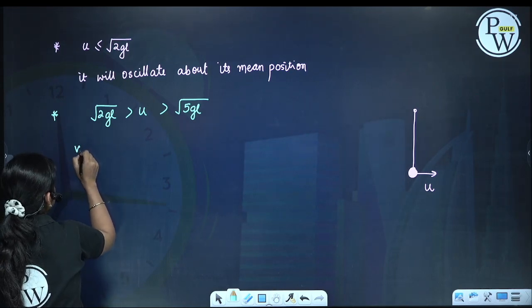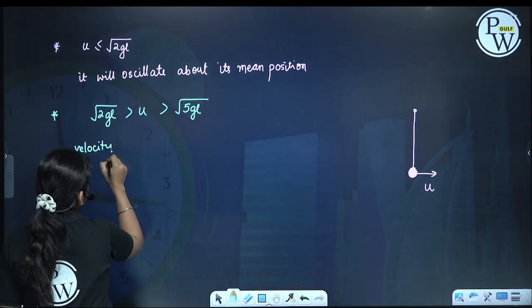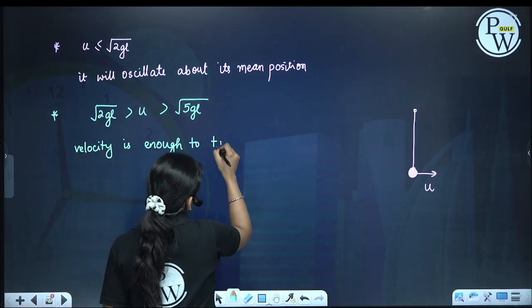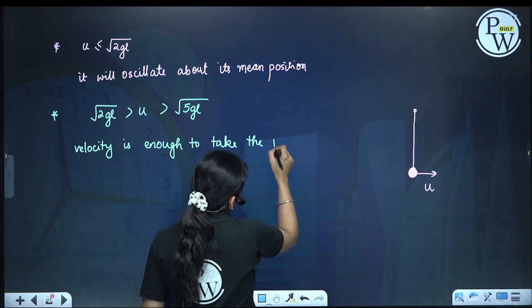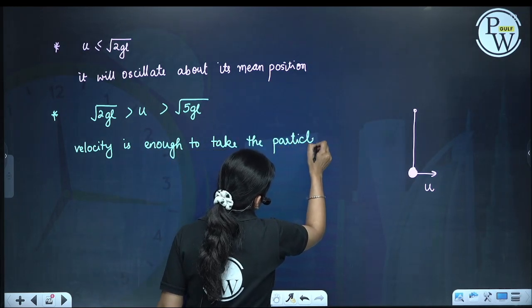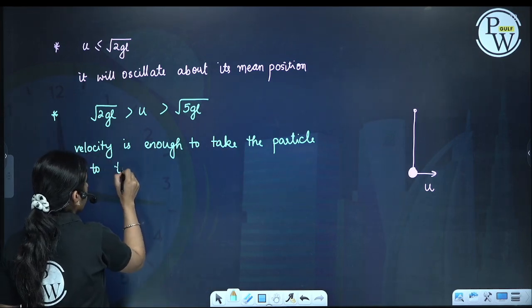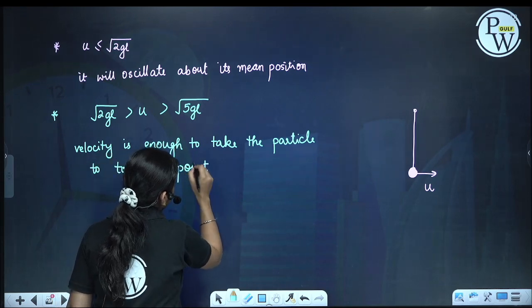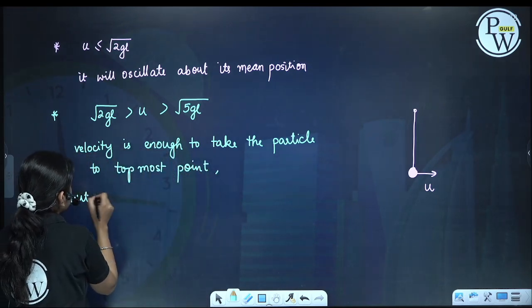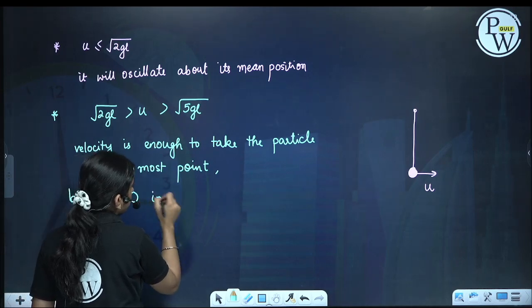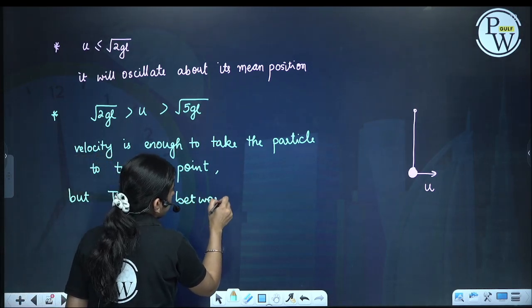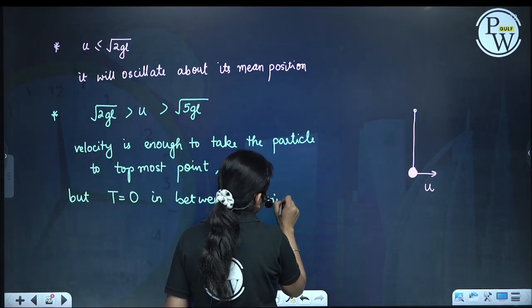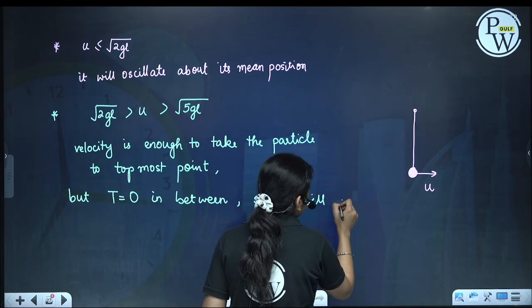Velocity is enough to take the particle to the topmost point, but tension will become 0 in between. So the string will slacken down.